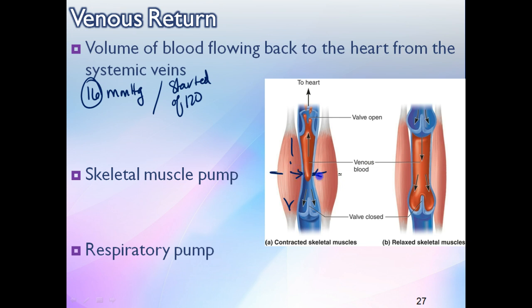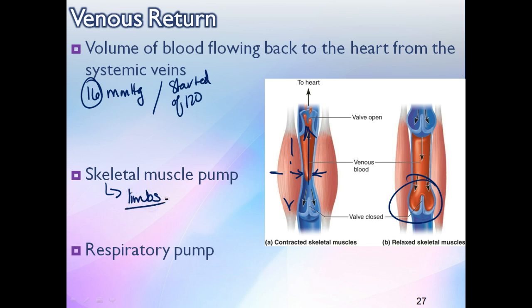Well, as the belly of the muscle widens, it compresses the veins, forcing blood upward. Now, problem is, when the muscle relaxes, blood's going to want to go back down again. Well, we want to prevent that because we don't want to lose what little effort we gained. So we prevent that with those lovely valves, which are characteristic of all veins. Now, skeletal muscle pumping helps us in our limbs.